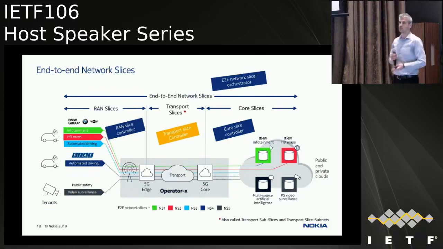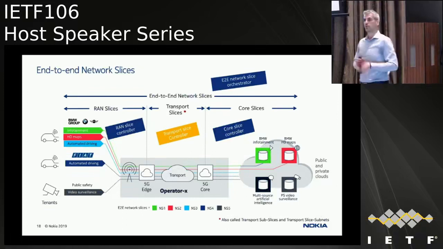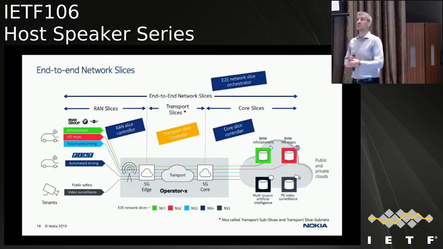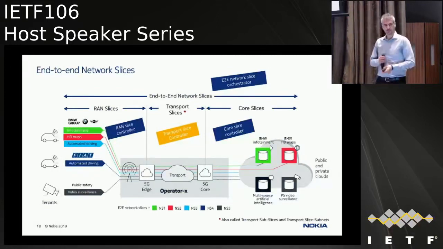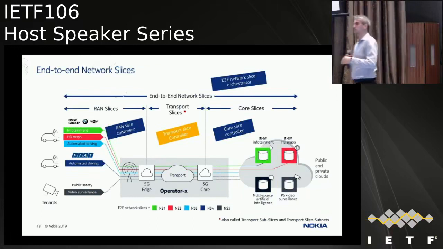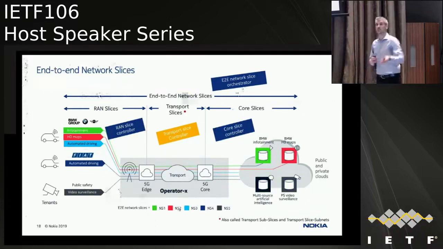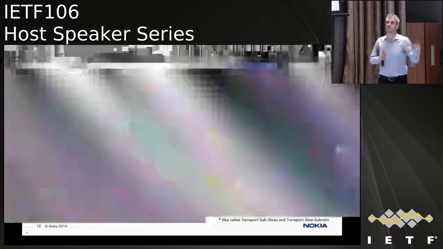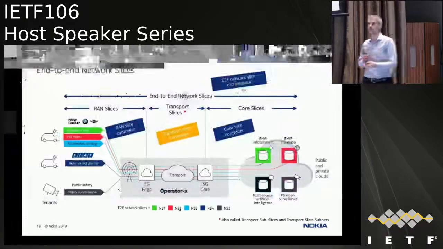As the name suggests, the orchestrator is orchestrating a group of actions, a group of logic that should be implemented in the network. The term slice here, transport slice, RAN slice, or core slice, is sometimes called, for example, transport sub-slice, or transport slice subnet. All are exactly the same, different terminology for one thing.